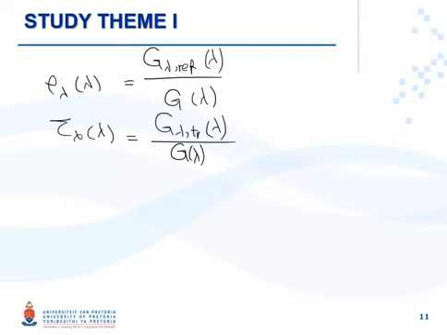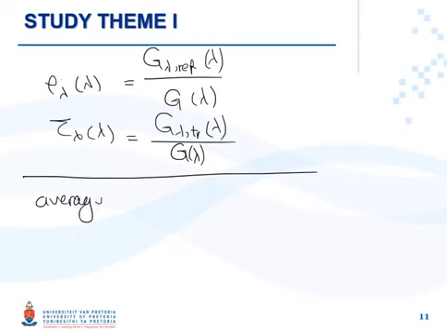And finally, we know that by integration over the wavelength we will have the average radiative properties, or total hemispherical properties.